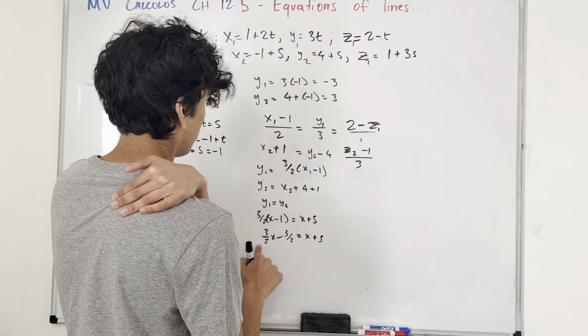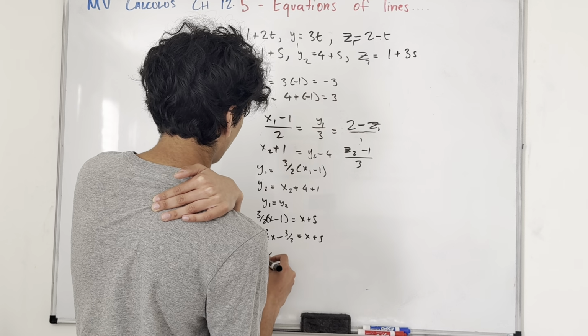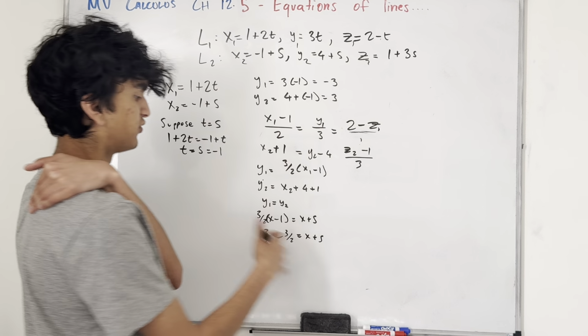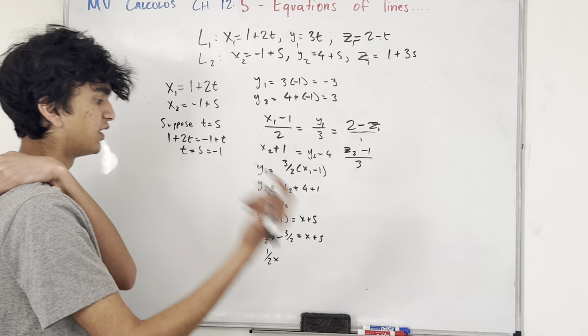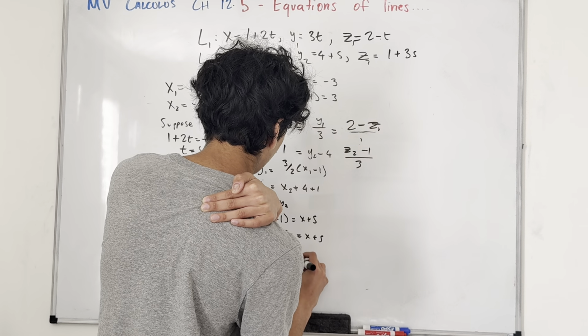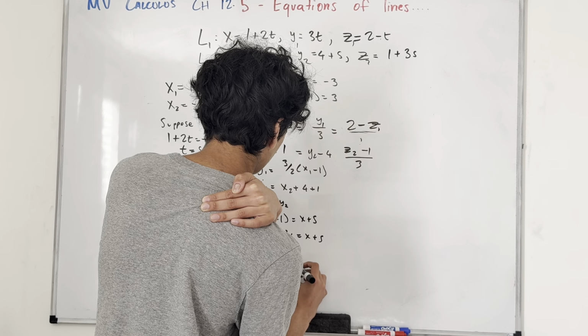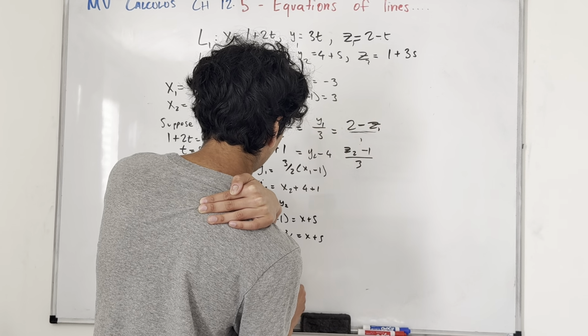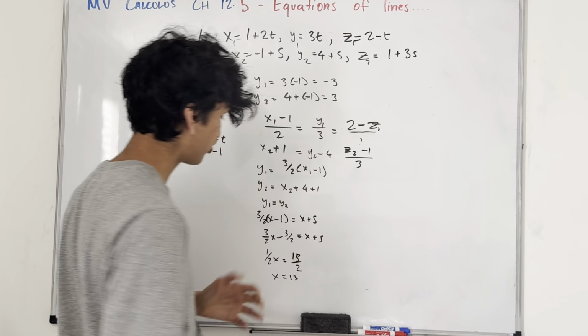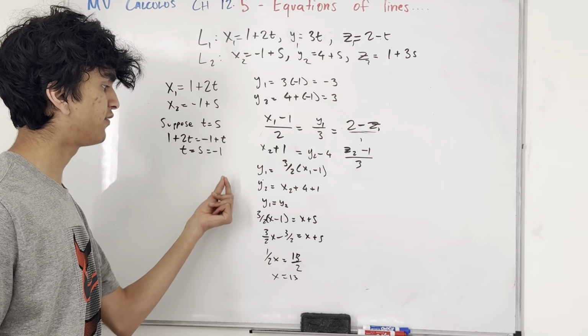So 3 halves x minus 1 half x is 1 half x. 5 is really 10 halves, so 10 halves plus 3 halves will be 13 halves, and I get x is equal to 13. So I just solved for an x value where the y values are equal.